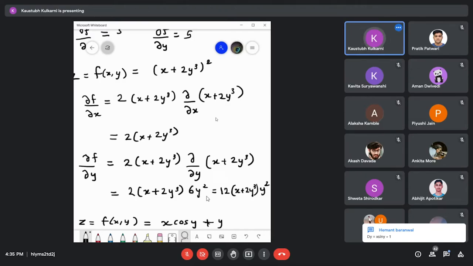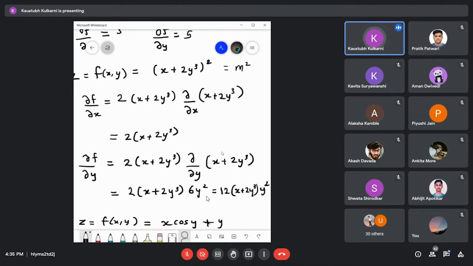This is one function which you are applying to xy, and then another function that you're applying is you're squaring it. So first you will solve the outer function. The outer function is square. Let's say this entire thing is m, so m square.